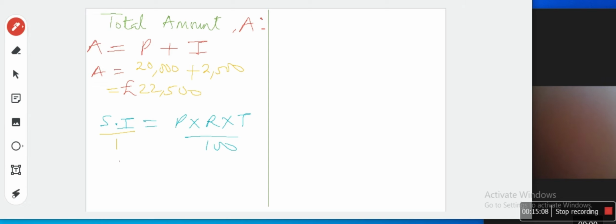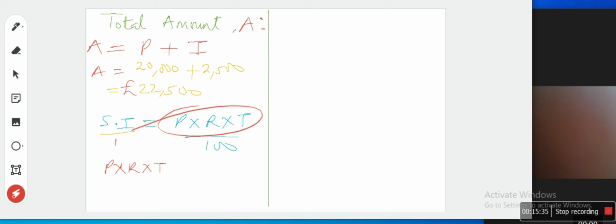100 times simple interest, is it not? It's equal to principal times rate times time. I'm cross multiplying because I want to make P the subject of the formula. So P times R times T, the whole of this times 1, that's this times this, is equal to the other one times the other one.